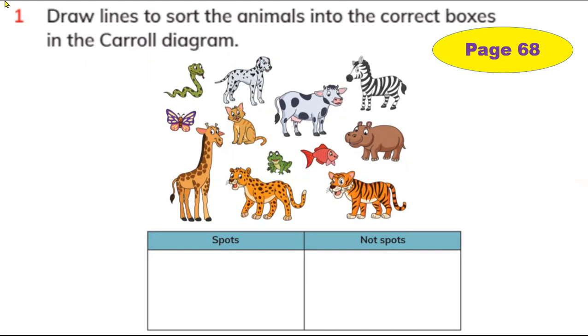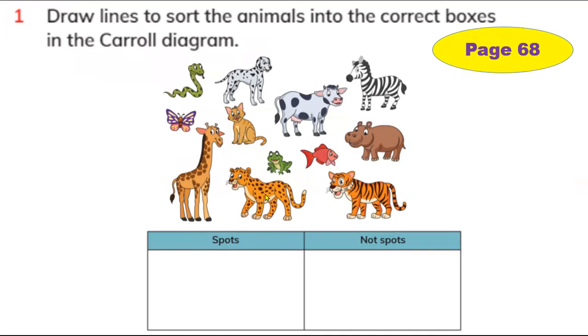And here is the first part. Before we start this, we have to know what a Carroll diagram is. Okay, what is a Carroll diagram? Here, can you see the boxes? Here we have the box with spots and the box with not spots, right? So we are going to sort things, like animals that have spots.